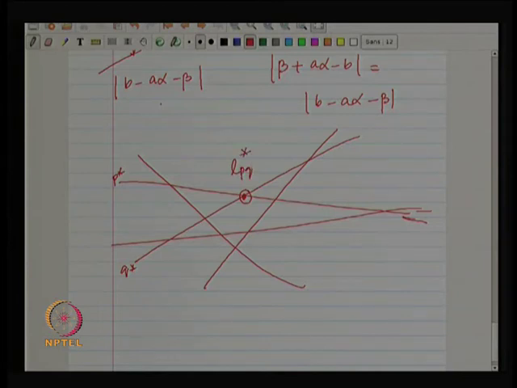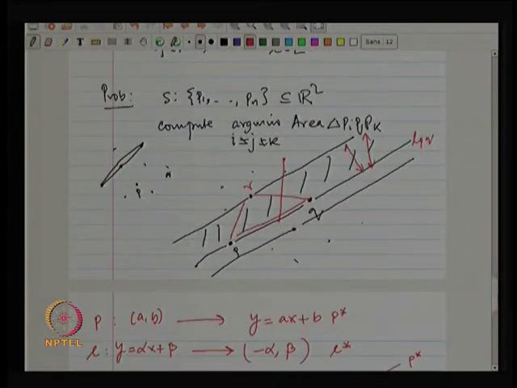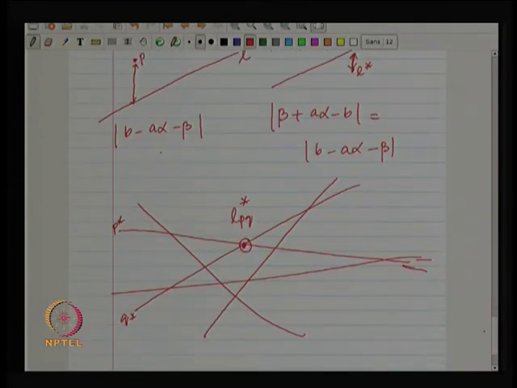Okay. And now notice that what we are interested in is finding the third point, which has a minimum vertical distance from this line, am I right? And the duality preserves the vertical distance. So, what that means is that from this intersection point, you want to find the line which has a minimum vertical distance.